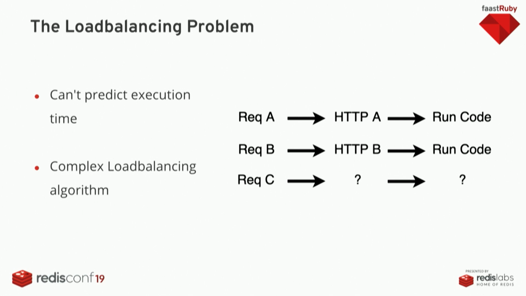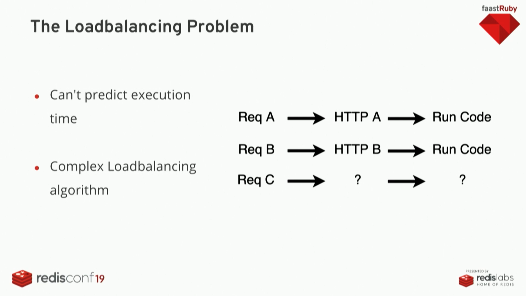Every time I make a request, A goes to server A and runs the code, and B goes to B and runs the code. But then when the C request comes and A and B are busy, how will the load balancer decide which server to send the request to? Because there's no way to predict how long a function will take to run. So that would make the load balancing algorithm a little bit complex.